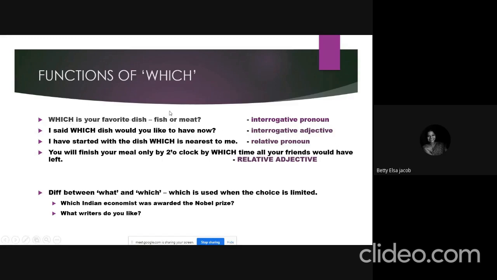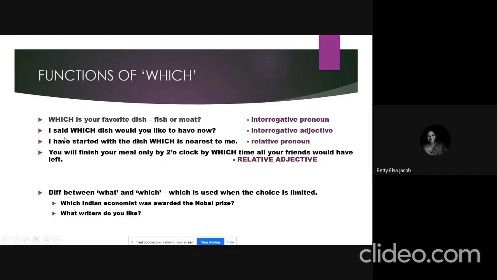Okay, the entire sentence is a question. So we have interrogative there. And what function does it perform? Is it a pronoun or an adjective? It's definitely a pronoun because there is no noun followed by the WH word which.